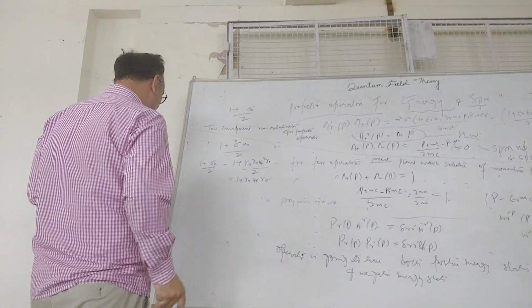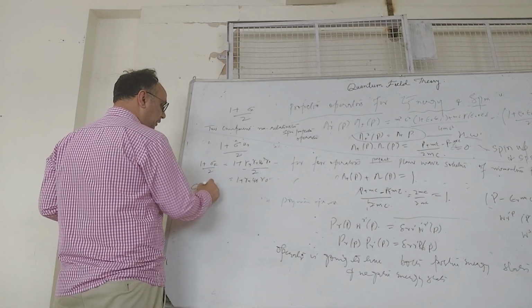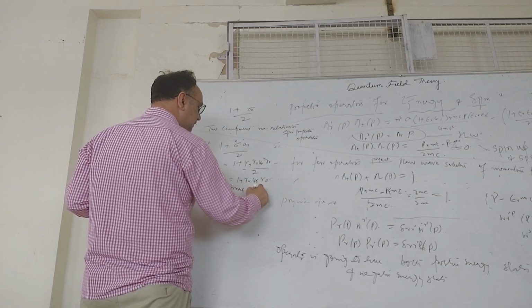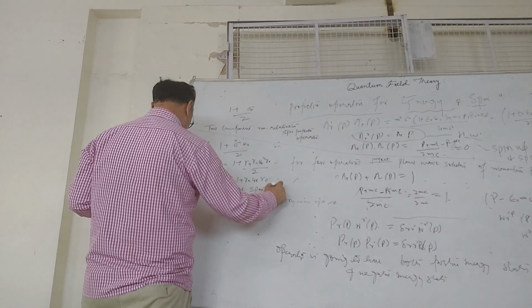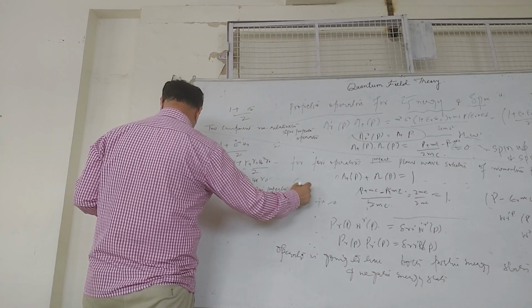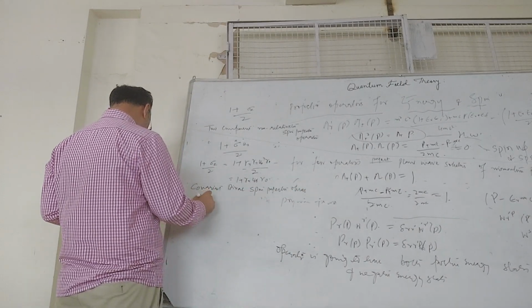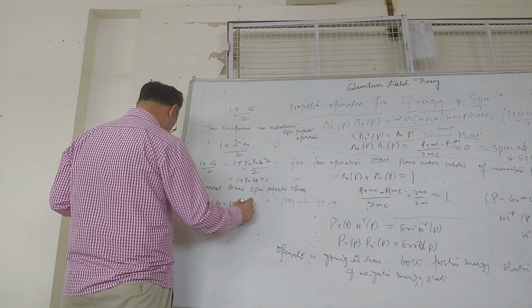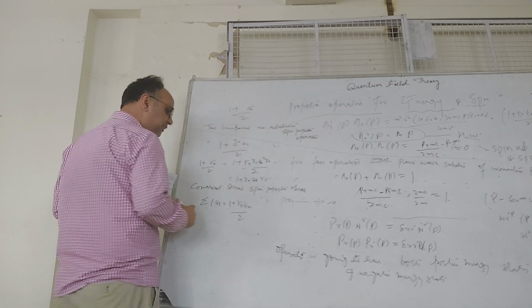So the covariant Dirac spin projection operator finally can be written with gamma 5.